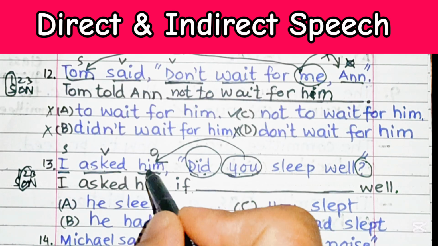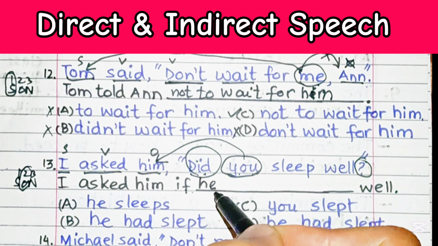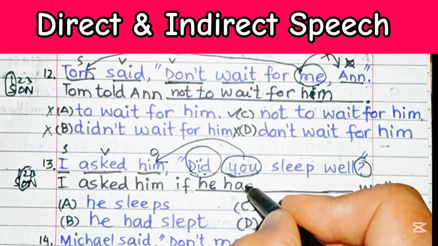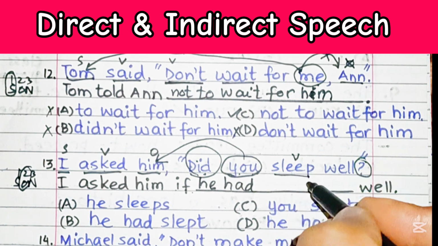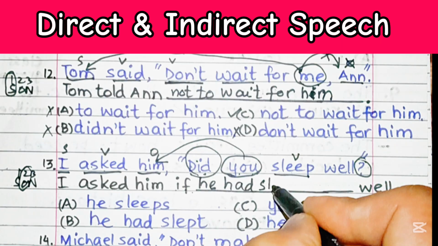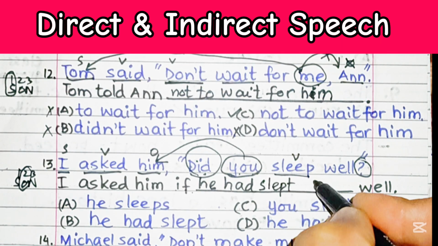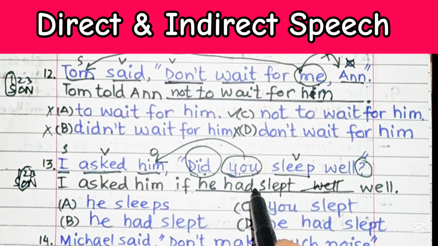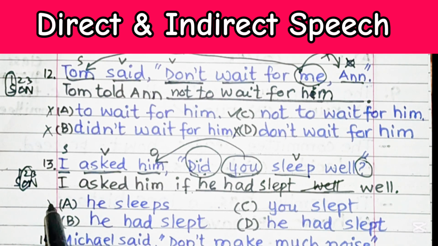I asked him if he, this is the new subject, and this is to be changed into past perfect. He had, and then sleep is the main verb. The past participle of sleep is slept, and then well, and then full stop. Well is already written. So I asked him if he had slept well. So this is incorrect.